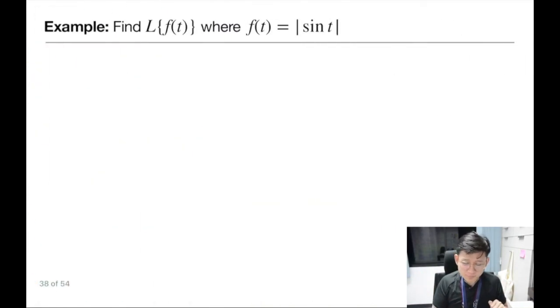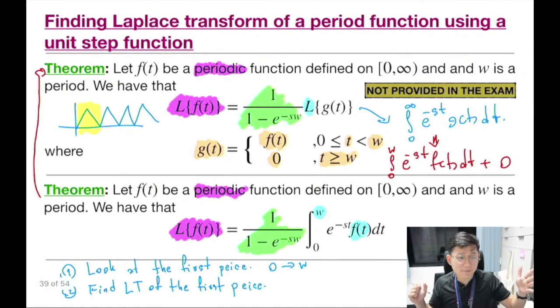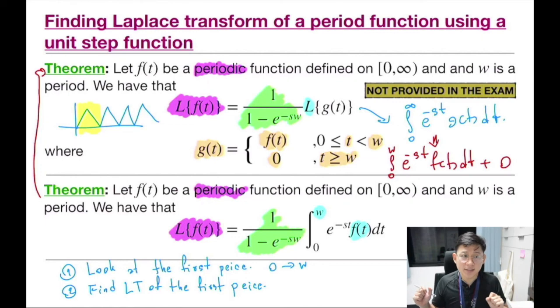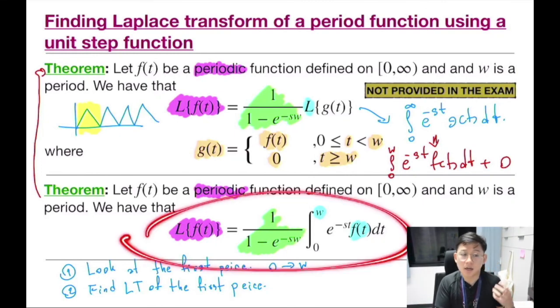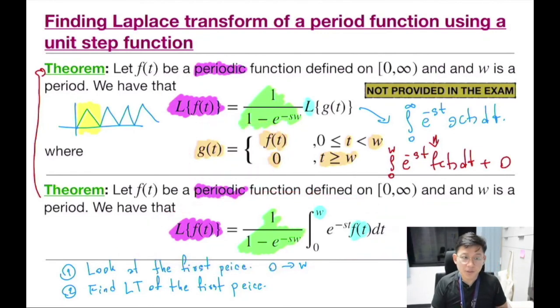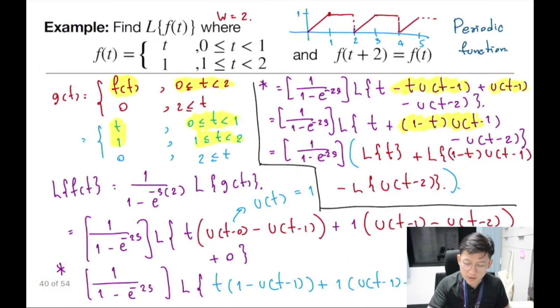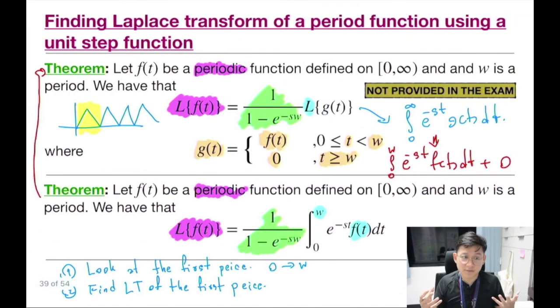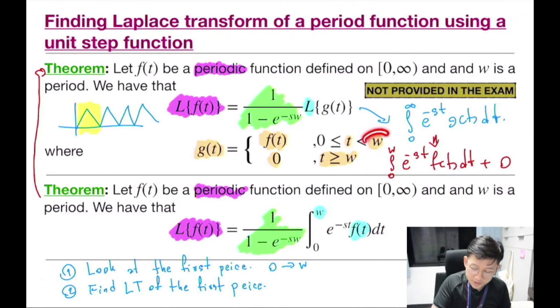Okay, and after that, I give you another theorem saying that if you want to find the Laplace transform of a periodic function f, instead of using the theorem that I told you before, we just define g in the first piece, when t is less than w, right?